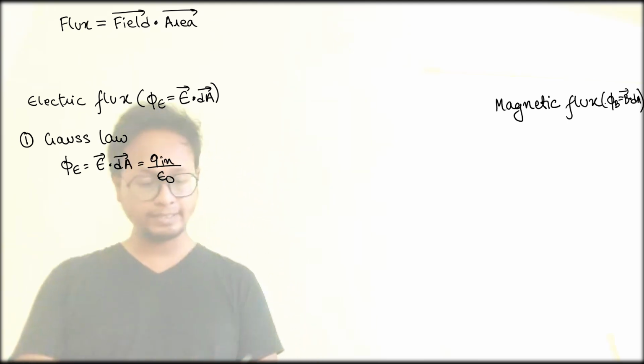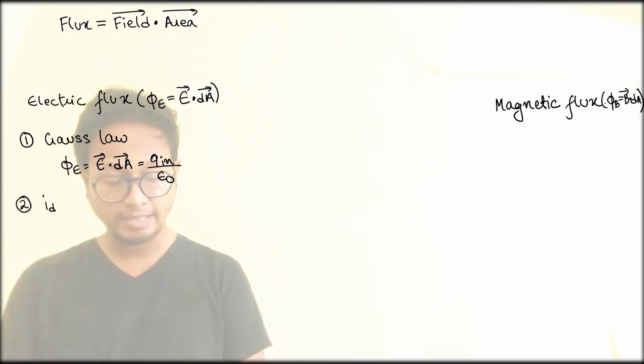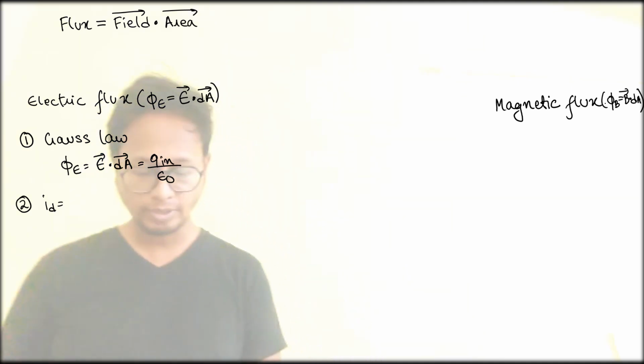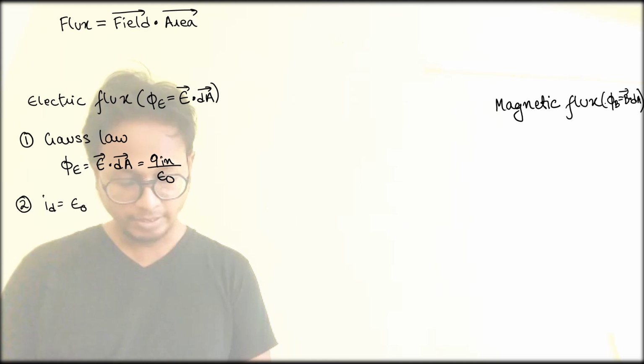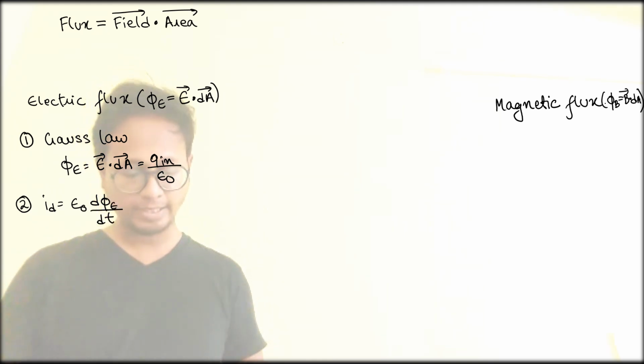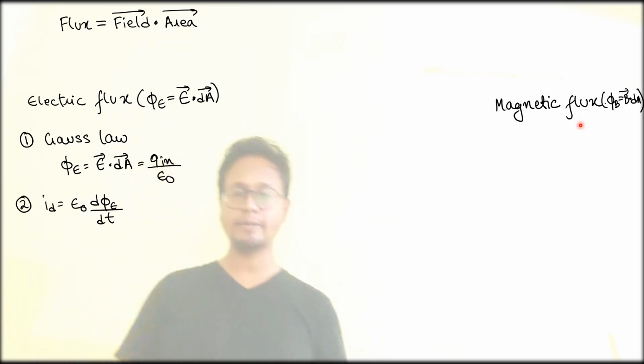Where else is it used? In case of displacement current. Remember the chapter of electromagnetic waves. Displacement current is equal to epsilon naught times the rate of change of electric flux with respect to time.